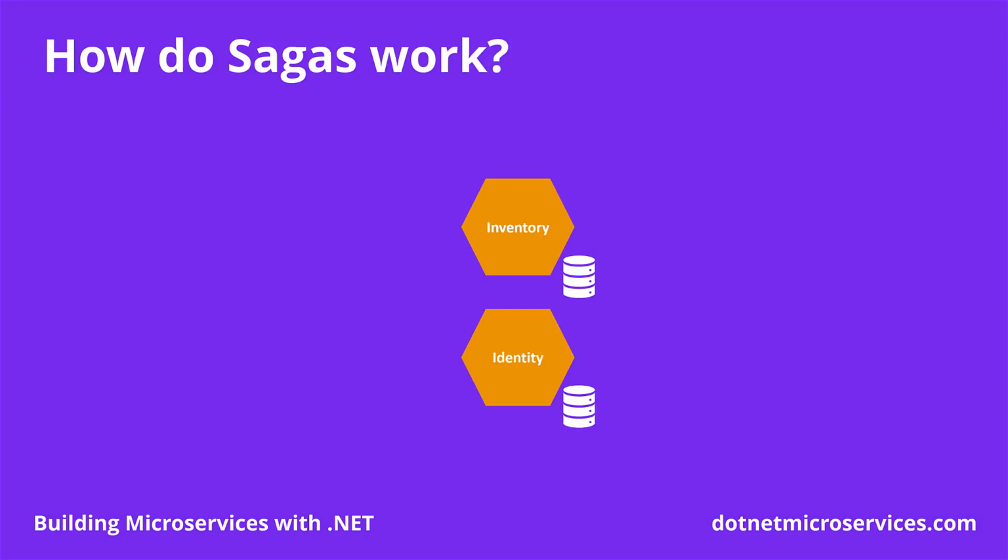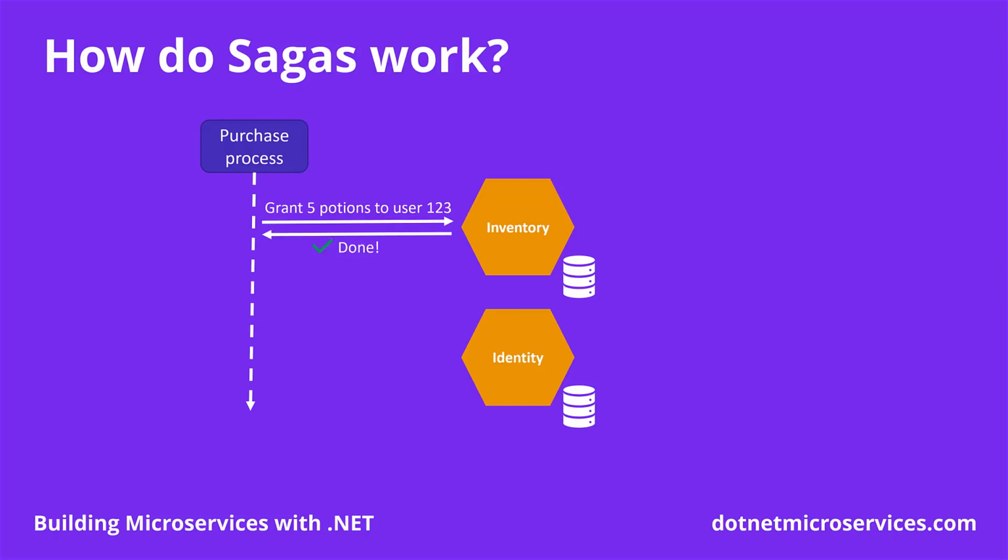Let's bring back our inventory and identity microservices. Here, our long-lived operation is our purchase process. The process starts by asking inventory to grant 5 potions to some user. Inventory goes ahead, runs a local transaction in its database, and comes back with a successful response.